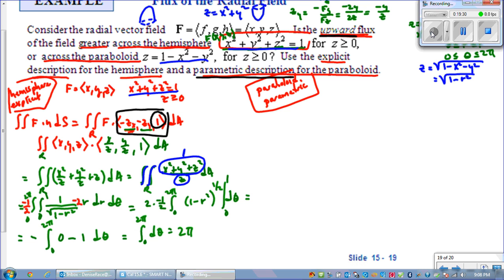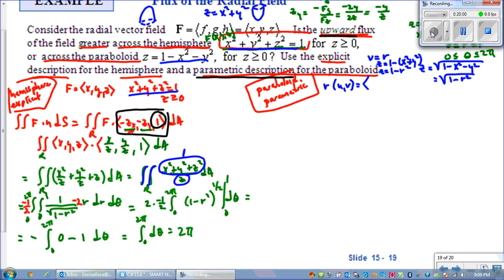So what I'm going to do here is I need a parametric description. I'm going to go ahead and use v to be my r. And so the z here is 1 minus x squared plus y squared. So the z will be 1 minus r squared.